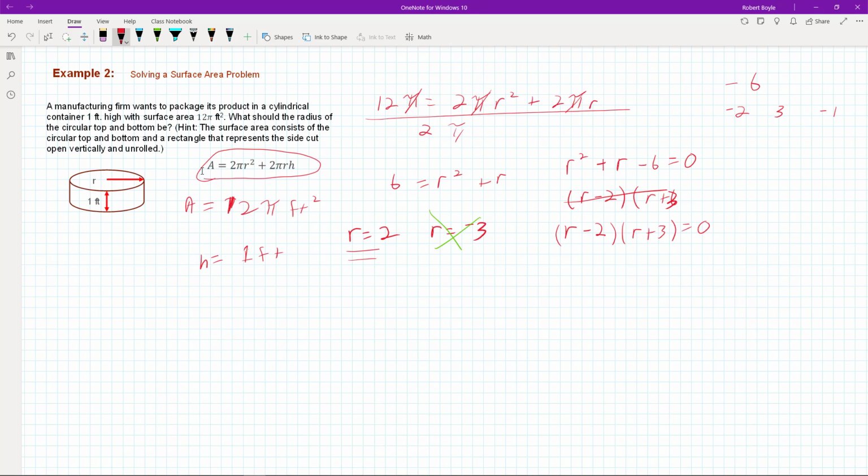If r is equal to 2, we are going to have that A is equal to 2 pi times 2 squared, which is 4, plus 2 pi times 2 times h, which is 1. Well, 2 pi times 4 is 8 pi. 2 pi times 2 is 4 pi, and that happens to be equal to 12 pi. So that indeed works out just like a champ.